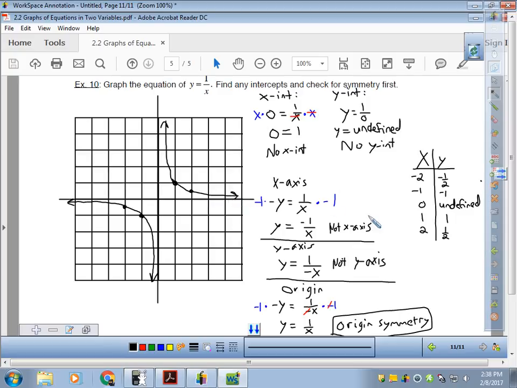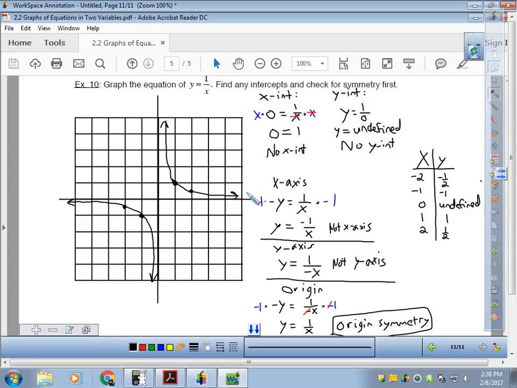Something like that. Now, these are a special type of function. They are called rational functions. These functions have places in them, like right here at the x-axis and right here at the y-axis, that the graphs cannot touch. These places are called asymptotes.